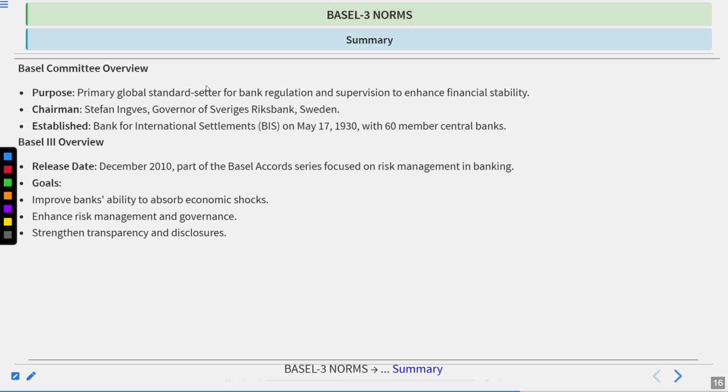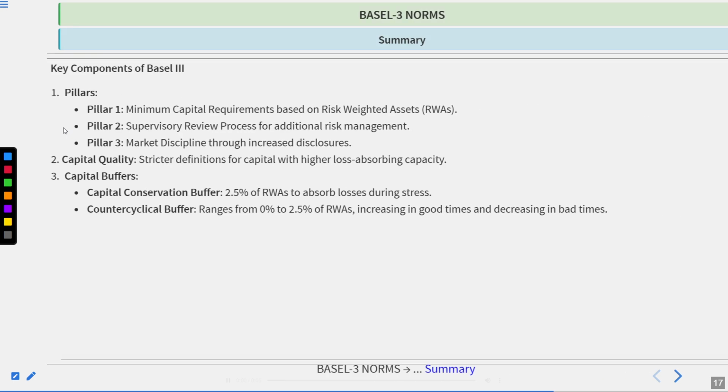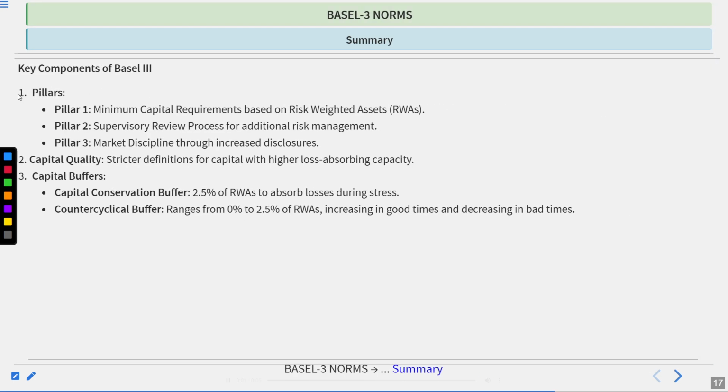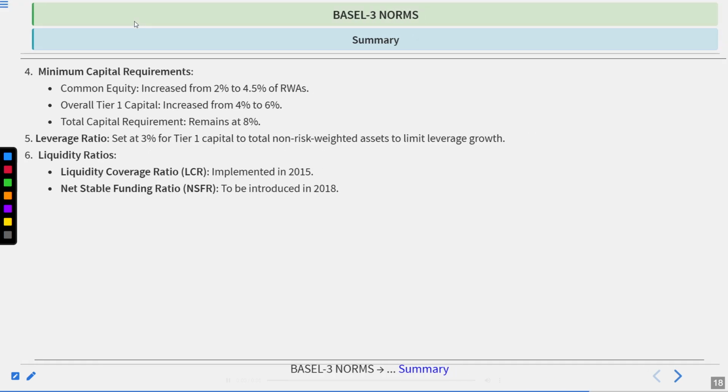So here we have finished the topic. Now it's time for the summary discussion. We have talked about the Basel Committee overview, its purpose, chairman and establishment, the Basel III overview, release date and goals, and key components of Basel III, meaning pillars like Pillar 1, Pillar 2, Pillar 3, capital quality, capital buffers, capital conservation buffer and counter-cyclical buffer.